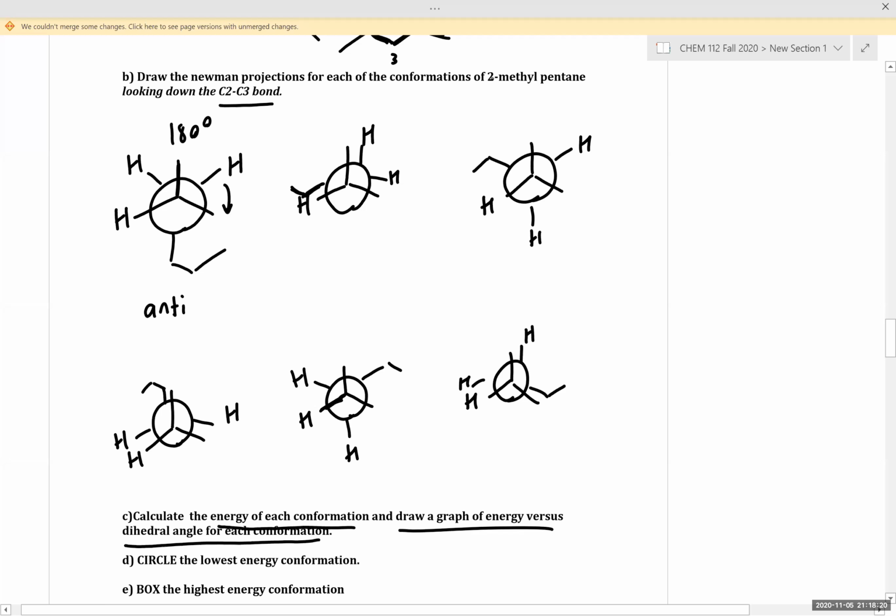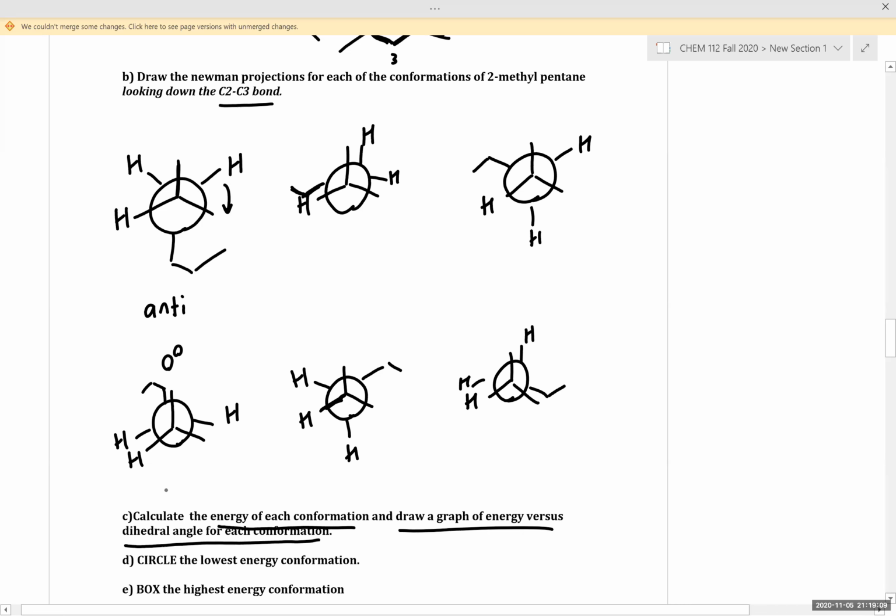We have 180, 240, 300, 0, 60, 120, so to showcase our rotation from our starting point, let's find our most eclipsed conformation.